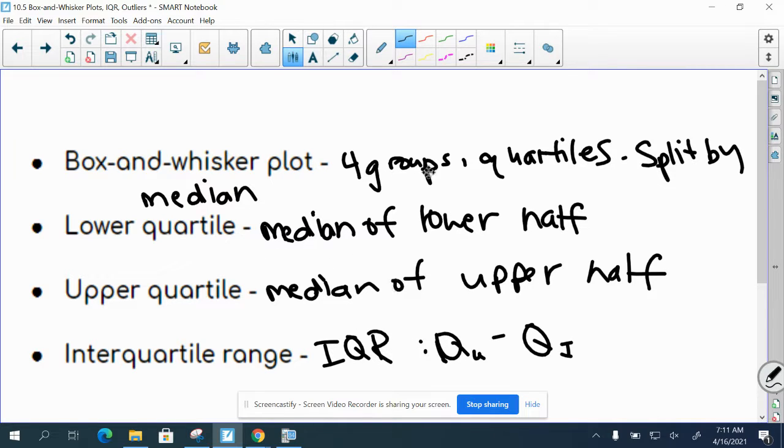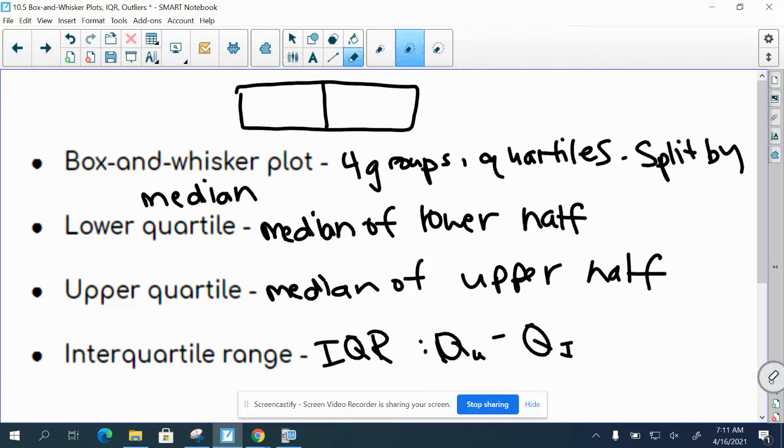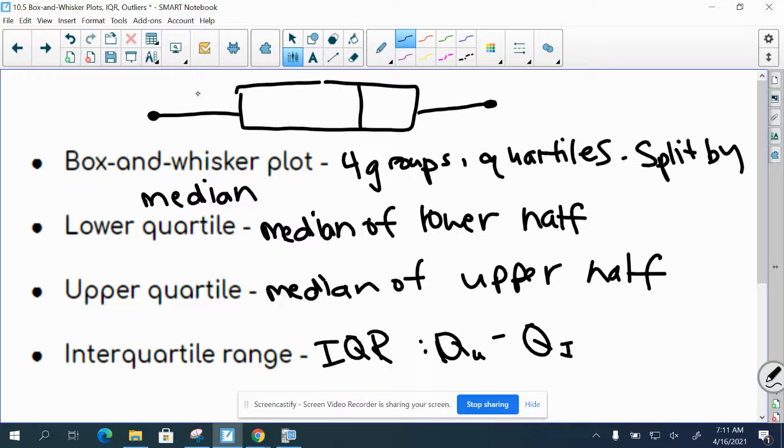So a box and whisker plot, remember what we're looking at here. You've got a box, and then you've got the median, and the median doesn't always have to be directly in the middle of the box. It just depends on how your numbers are spread out. So it could be there, it could be over here. And then you've got the whiskers, and the whiskers represent the lowest point and the highest point.